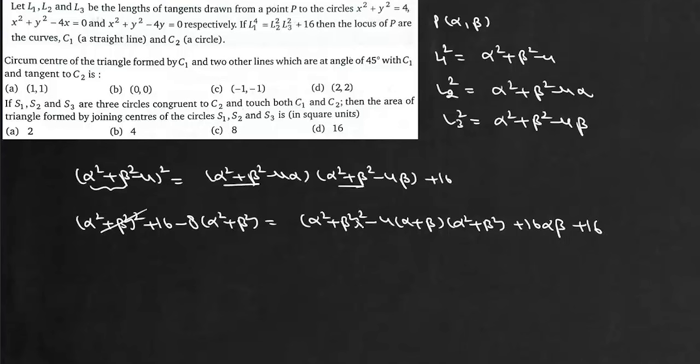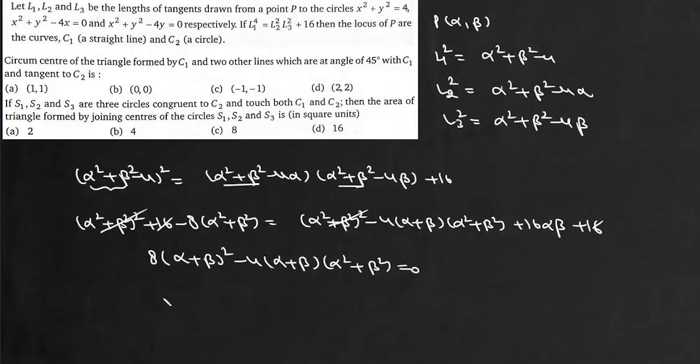Now here alpha square plus beta square will cancel, and this 16 will also cancel. Now we'll take 8 alpha plus beta whole square on the right hand side. Then we can write this is 8 alpha plus beta whole square minus 4 alpha plus beta into alpha square plus beta square equals 0.